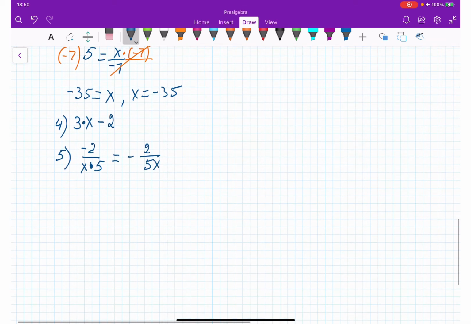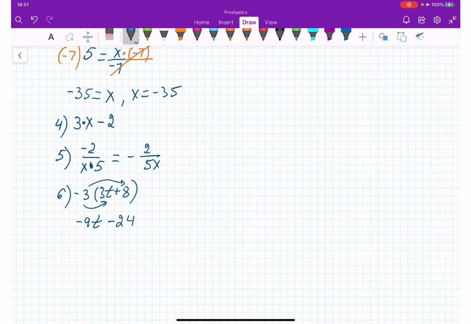Number 6, negative 3, we need to multiply 3t plus 8. Okay, negative 3 times 3t, it's going to be negative 9t. Negative 3 times 8, it's going to be negative 24.